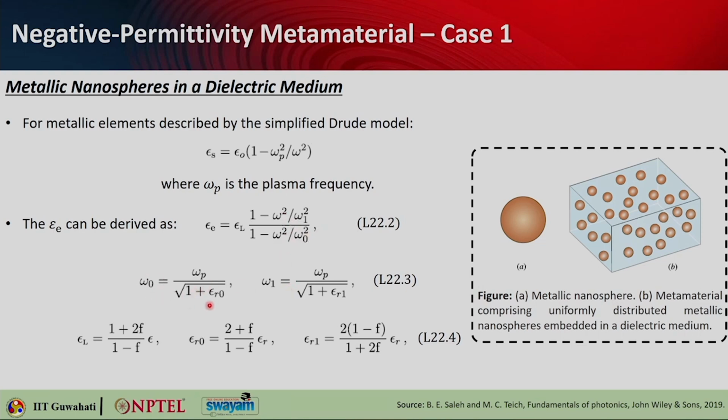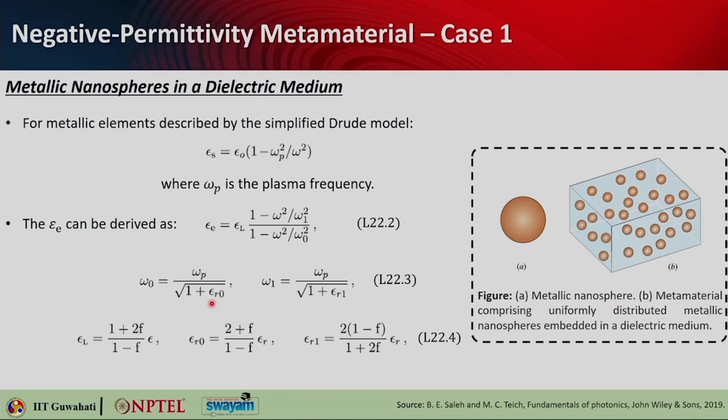What is omega naught? That is given by omega p over square root of 1 plus epsilon r naught. Omega 1 is basically omega p over square root of 1 plus epsilon r1. What is epsilon L? That is 1 plus 2f over 1 minus f, times epsilon. Epsilon r naught is 2 plus f over 1 minus f, times epsilon r, and epsilon r1 is 2 times 1 minus f over 1 plus 2f, times epsilon r. This is basically a compact form, and these are the new variables which have come up.